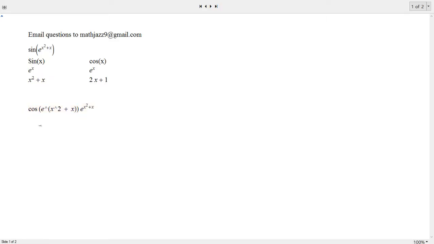Then we're done with this function, and we move on to the final function at the end, and we multiply by it. So we get 2x plus 1. And this cosine of e to the x squared plus x times e to the x squared plus x times 2x plus 1 is our derivative.